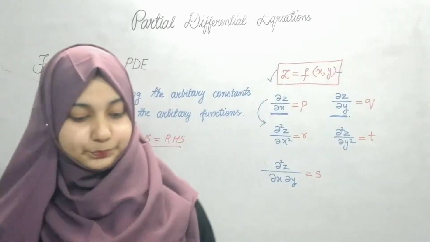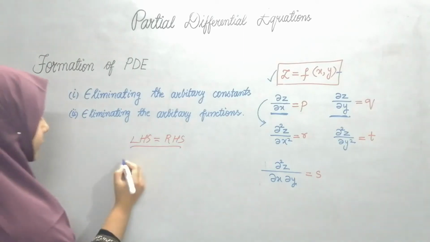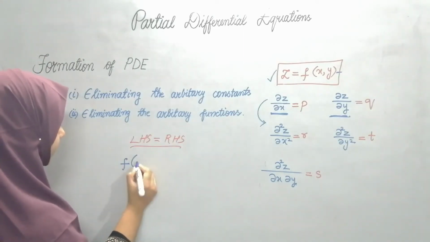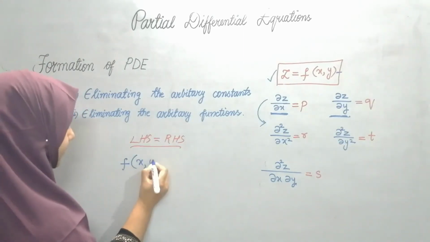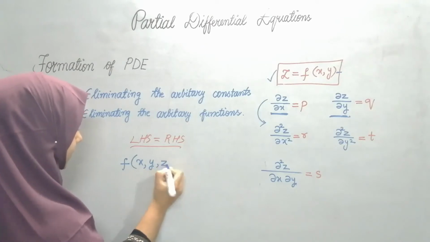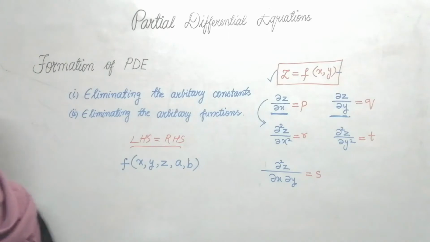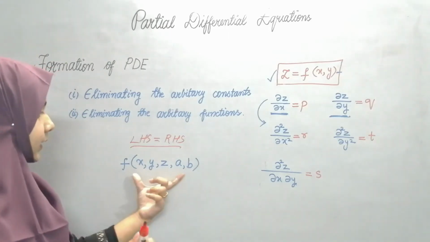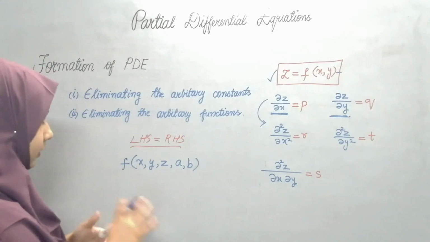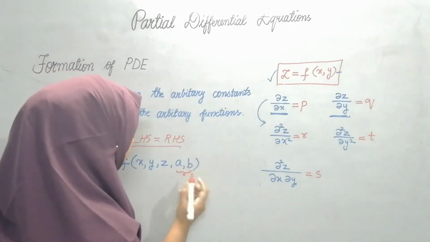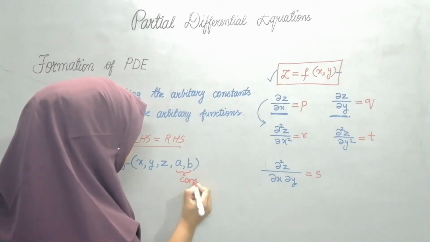For example, suppose I have a function in terms of x, y, z, a and b. ठीक है, suppose कोई एक function है मेरे पास in terms of all these things. So here if you see, this a and b are what? Constants.